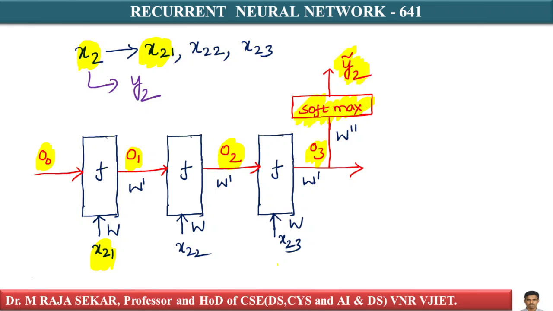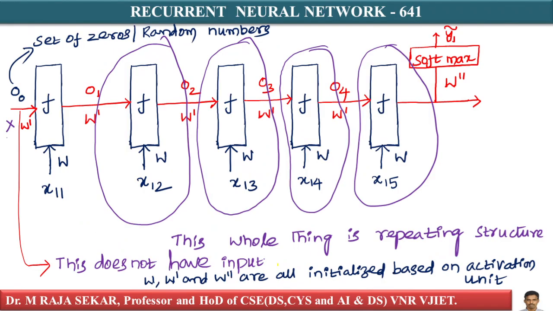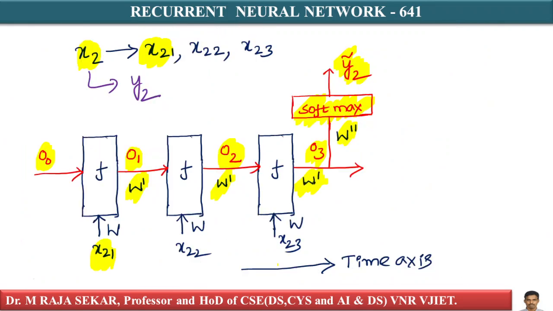And you have W dash and W double dash. This is the time axis, isn't it? In your first review, since you have 5 words, you did it for 5 time steps. The second one has only three steps and you generate output, isn't it?